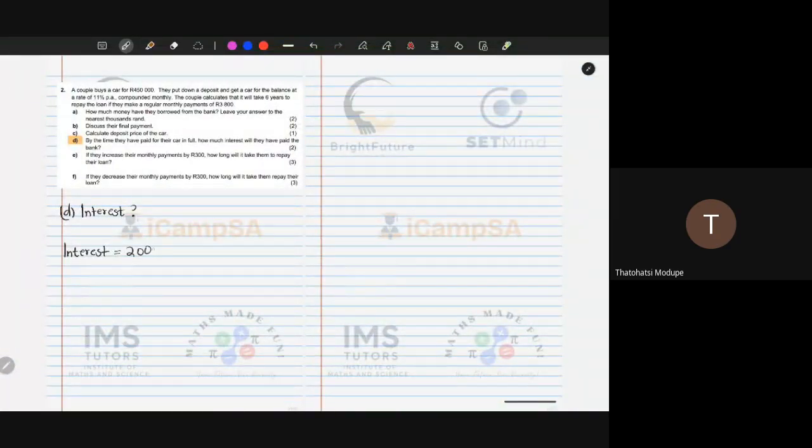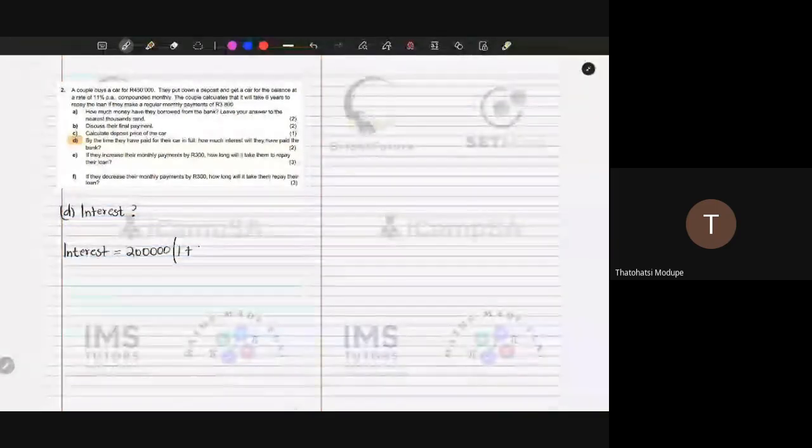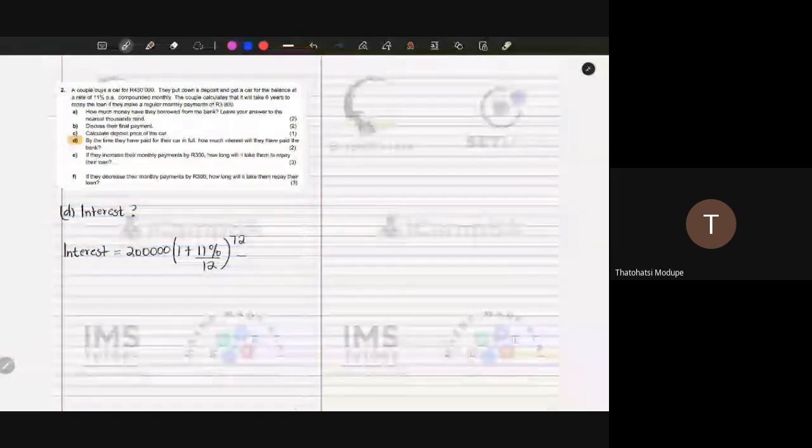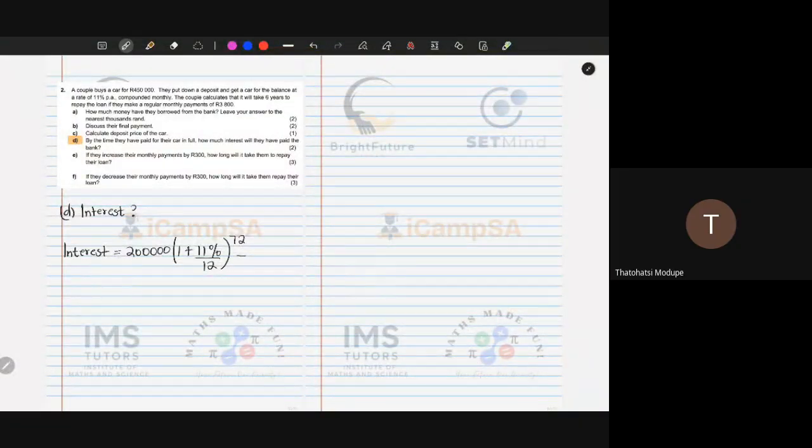So you're saying we should do 200,000 times 1 plus our rate, 11% over 12, for 6 years, I believe that is 72. Then you're saying we should subtract. No, so we get the amount of the 200,000, and then that amount minus the 200,000, and then that gives us the interest.